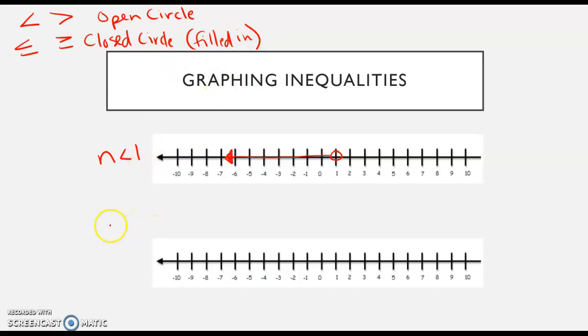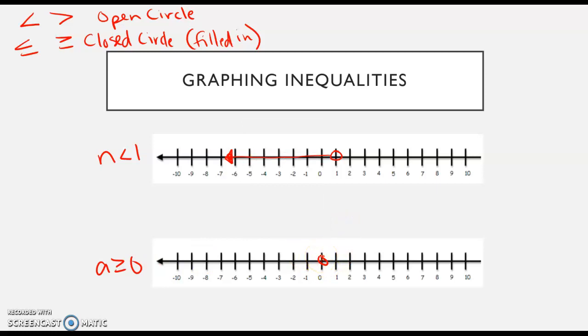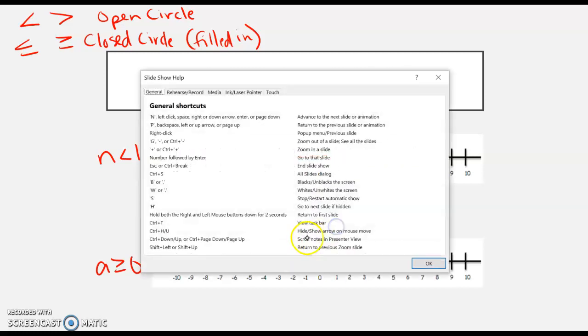That would be like if I had a is greater than or equal to 0. I'm going to go to the number 0. That's my boundary. I'm going to put a circle, but because it has the equal to, I'm actually going to fill in that circle.